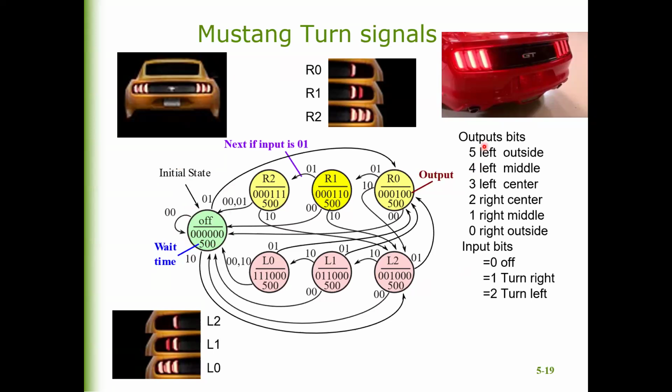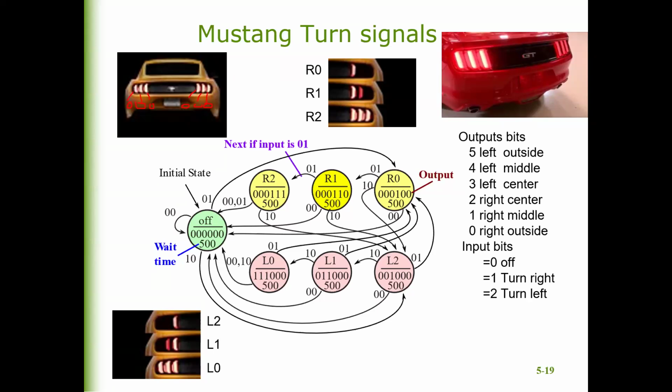Based on the size, bit 5 is this one, so this is 0 0 0 0 0 0. So bit 0 is this, then bit 1, bit 2, bit 3, bit 4, bit 5. Okay, that's all the lines.